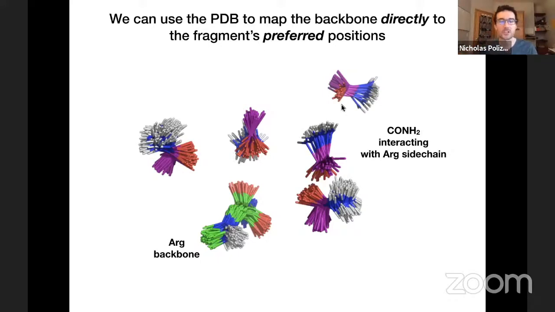And so the question is, can I use the PDB to find preferred positions for these chemical groups, in this case, the purple carboxamides? And so it turns out that there are very few preferred positions of where an arginine residue would like to place a carboxamide fragment relative to its backbone. Here in green is just the arginine backbone.